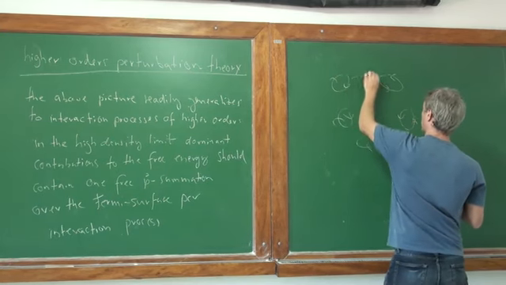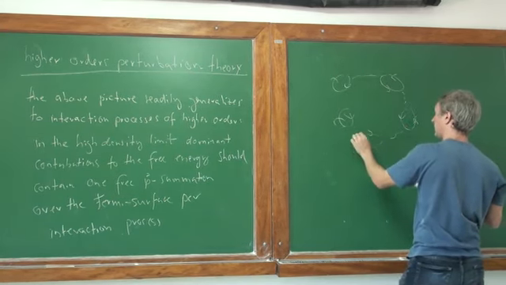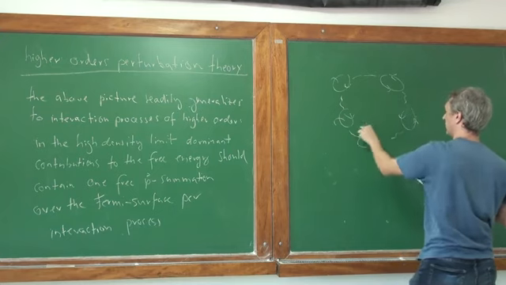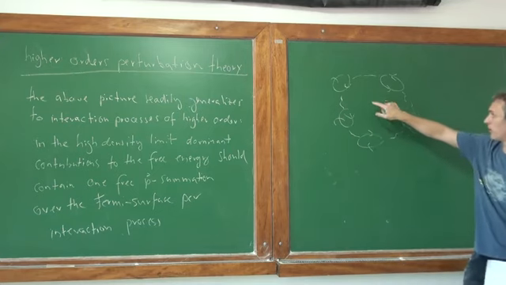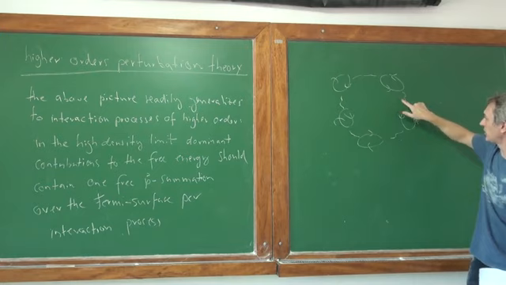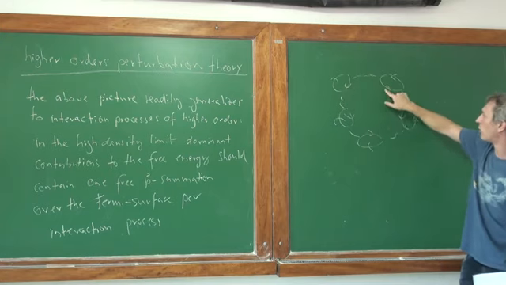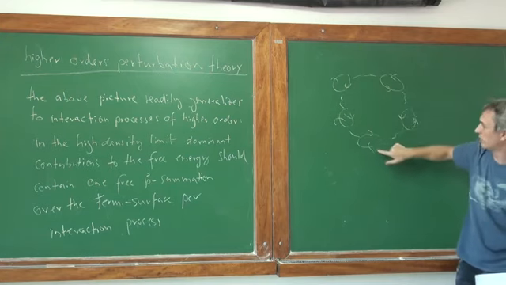So now in the nth order process we should have n interaction lines. So this would be a fifth order process where we have 5 interaction lines, okay? Fifth order process, and we want to have 5 electron hole bubbles, or these polarization bubbles, okay?